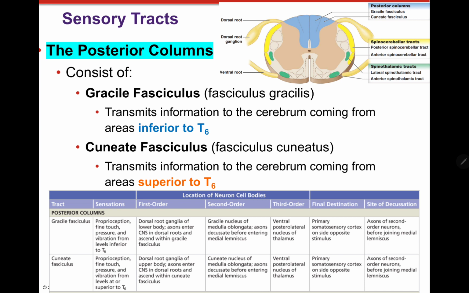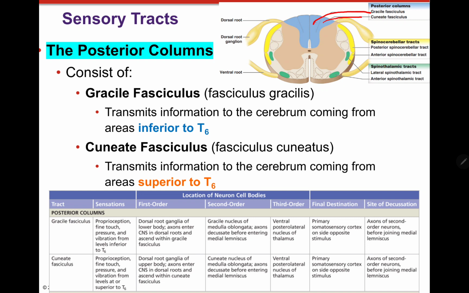So more medial, we have that gracile fasciculus tract, and more lateral, we have that cuneate fasciculus tract. And so they're going to be able to carry fine touch or conscious proprioception, so knowing where you are in your own space, and it's going to monitor muscle spindles and Golgi bodies in your muscles. Okay, so we have two tracts.